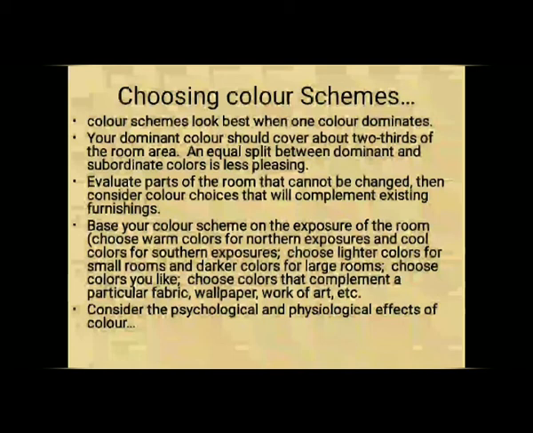As per those parts of the room, you can design a color scheme. That will be very useful in considering a color scheme. Based on the color scheme, choose warm colors if it is a northern exposure, or cool colors if it is a southern exposure.